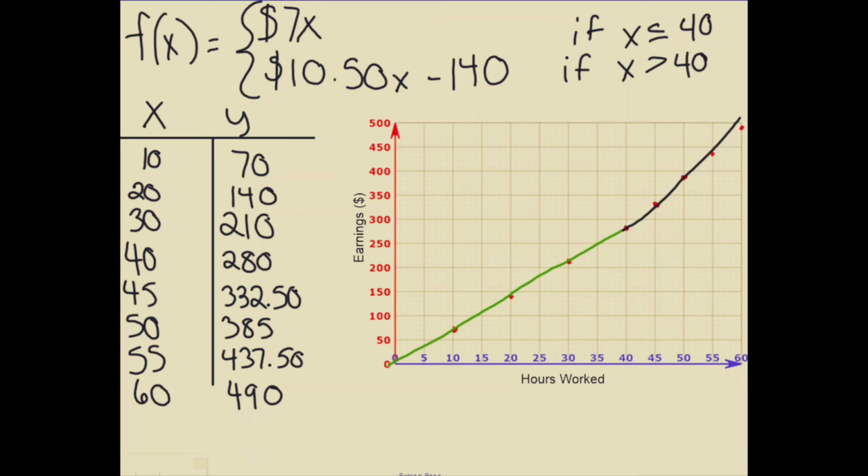And we will draw an arrow at the end of the black line to indicate that this function continues even after the 60 hours that we have plotted. And that is it.